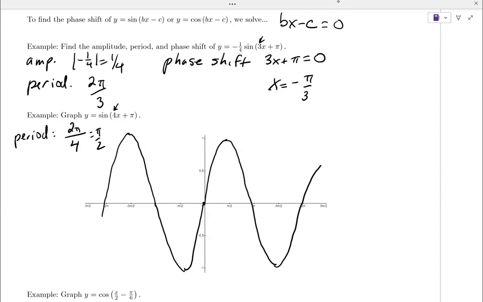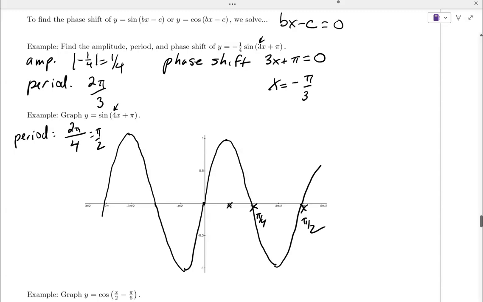Rather than trying to trace something on top of this that's 4 times as fast, I gave you a little trick to do last time. 2 pi is the original period. Instead of 2 pi, what is the period now? Pi over 2. Half of pi over 2 is pi over 4.